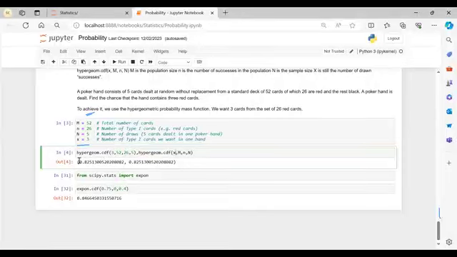If you pass this, it will give you the probability of getting 3 red cards or less than 3. So this is the overall probability of getting 3 or less than 3.